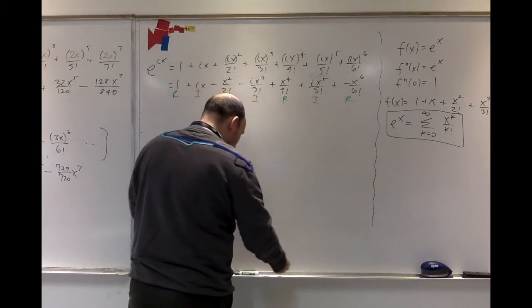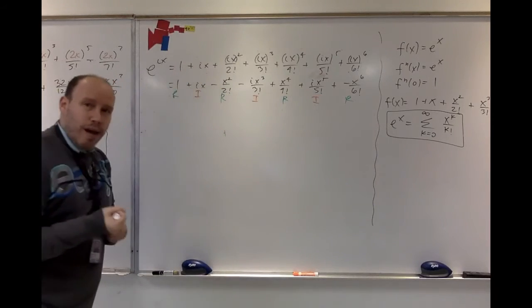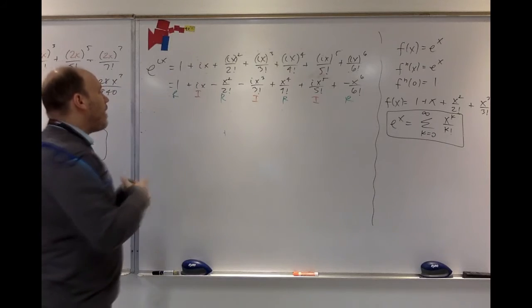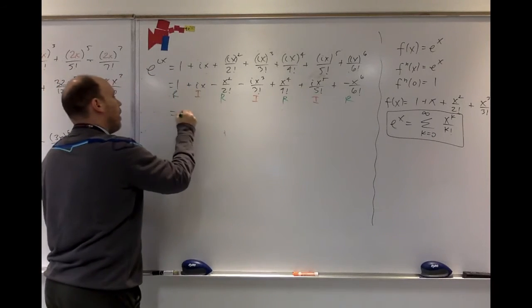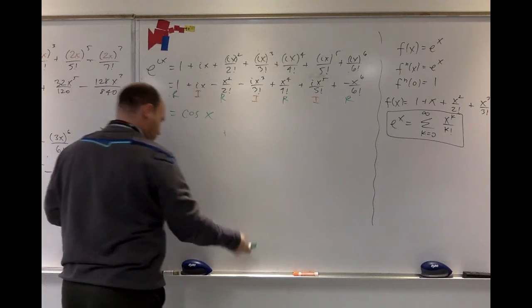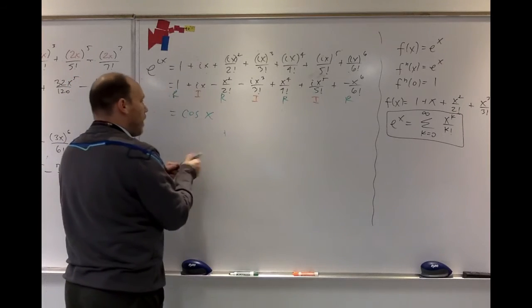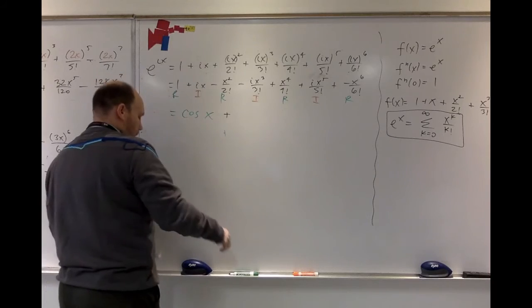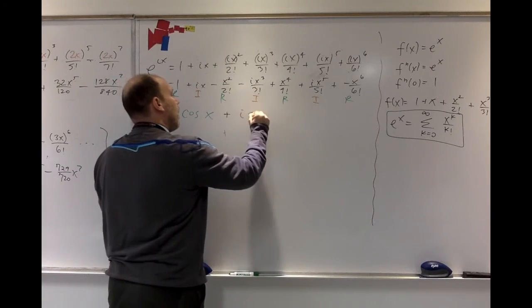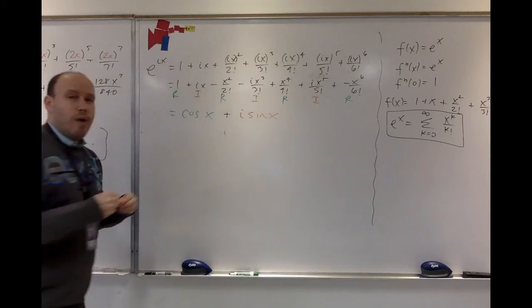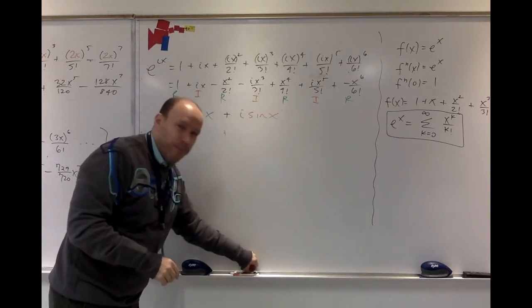And then you organize it together, and you're like, wait a minute, this was cosine. And then you say, hey, Mr. Adler, wait a minute, this is i times sine.